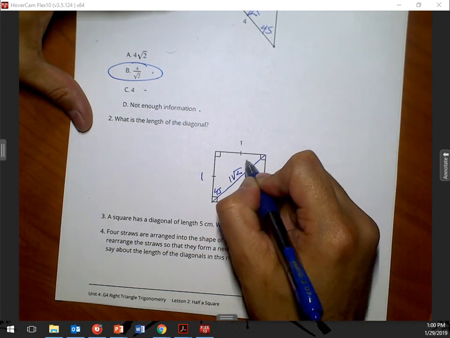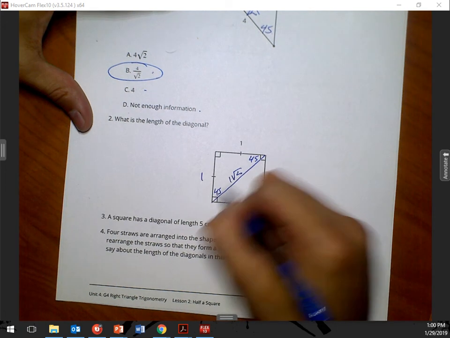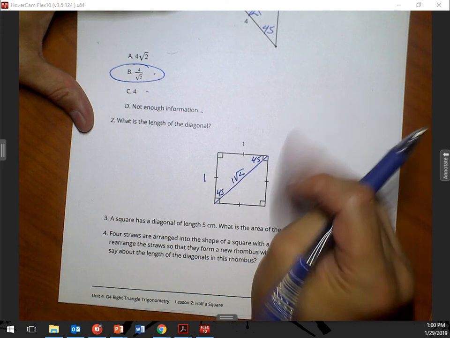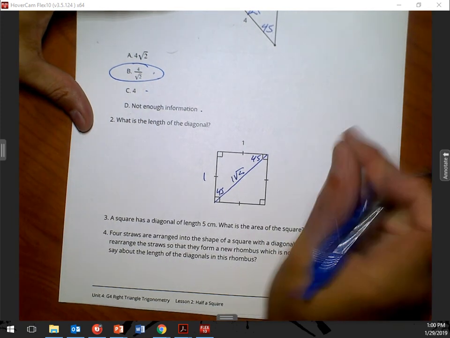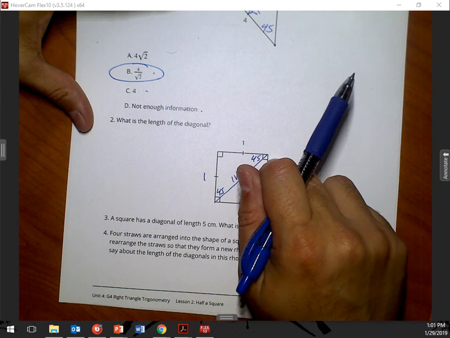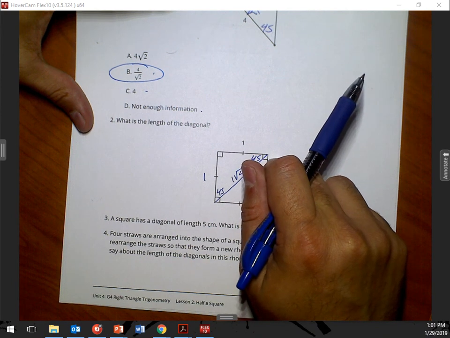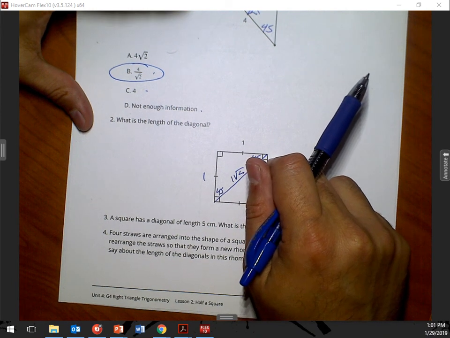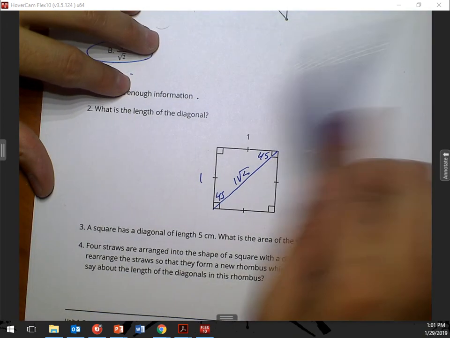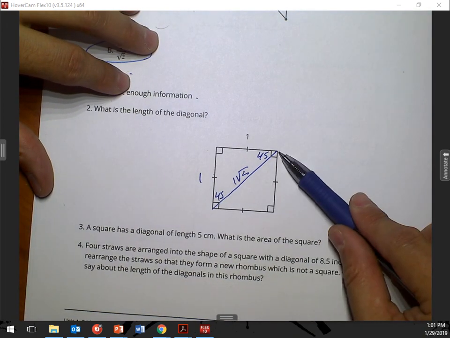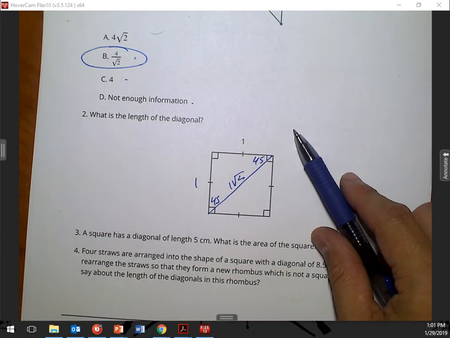So I'm bisecting an angle. Bisect means to cut it in half, right? Does that box mean 90? Yes. What's half of 90? 45. So we get the length right there. That one should be easy.